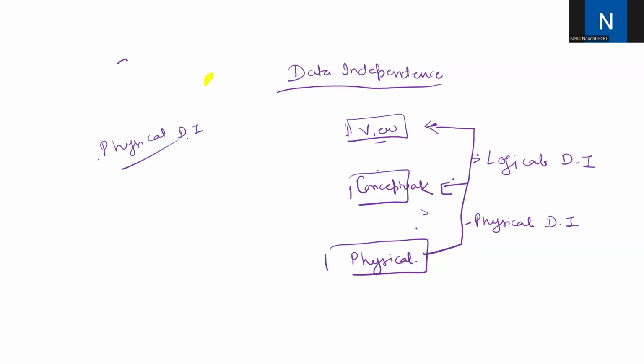Physical data independence, what is it? Basically, physical data independence refers to the ability to make changes at the physical schema without making any changes at the logical schema. For example, if you are changing the storage size of the database, or moving your data from one hard disk to another hard disk, it will not affect your conceptual schema.